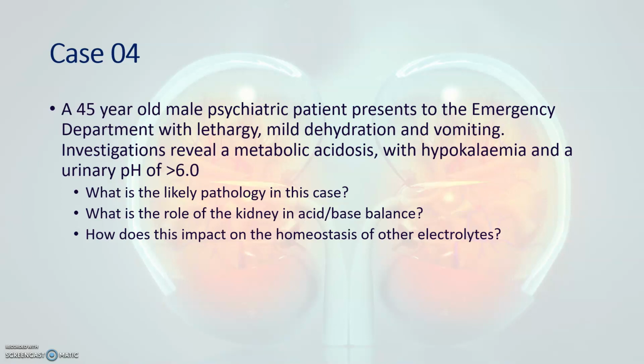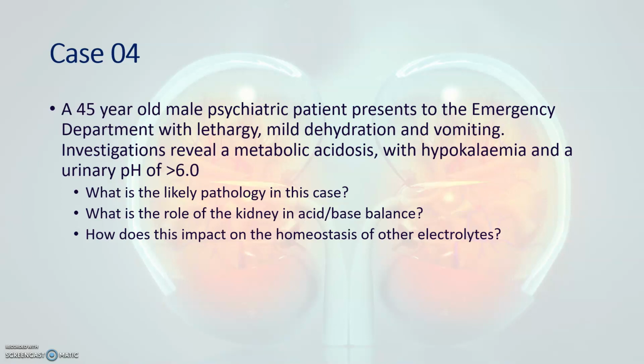So just very briefly, if we look at this patient, he has a metabolic acidosis, but unusually for metabolic acidosis, he's hypokalemic, and his urinary pH is not very low. If his kidney were working normally, the metabolic acidosis should stimulate a loss of hydrogen ions in the urine, and his pH should be low.